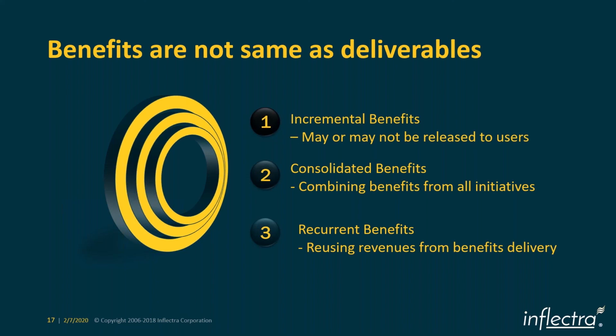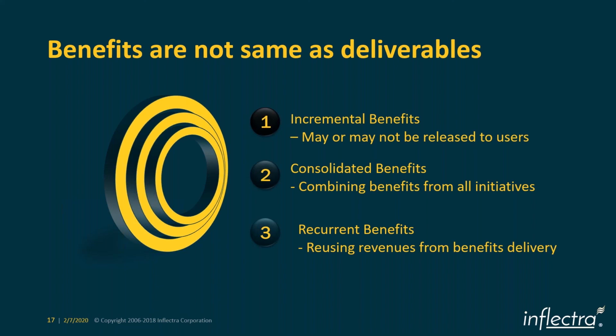The third one is recurrent benefits. Sometimes the program has to be funded by itself. So you have to release certain functionality to the customer and make sure that you are generating some revenues, and those revenues are what is going to support your project. It's not going to be funded by an external organization or a client. You have to fund yourself.